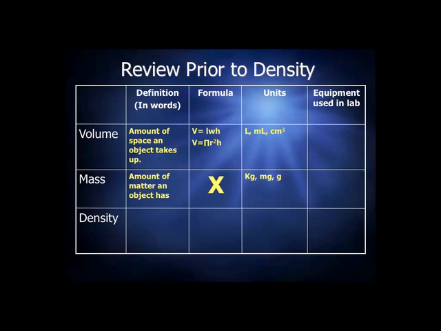When we're actually measuring it, what equipment do we use to measure volume? Sophia? Well, it depends on what you want. Right, so what are some things we use? Well, a graduated cylinder if you're doing water. Graduated cylinder, or if we're using math, we would use a ruler.